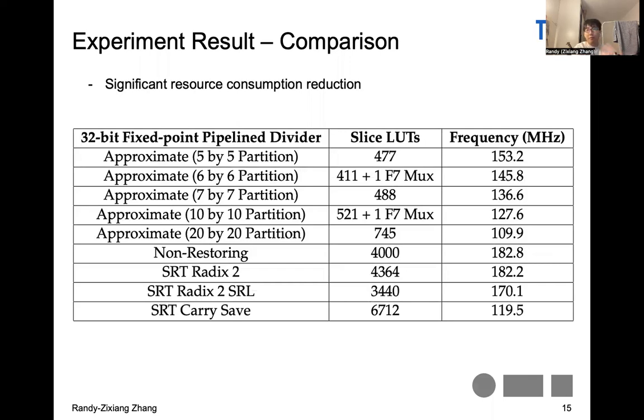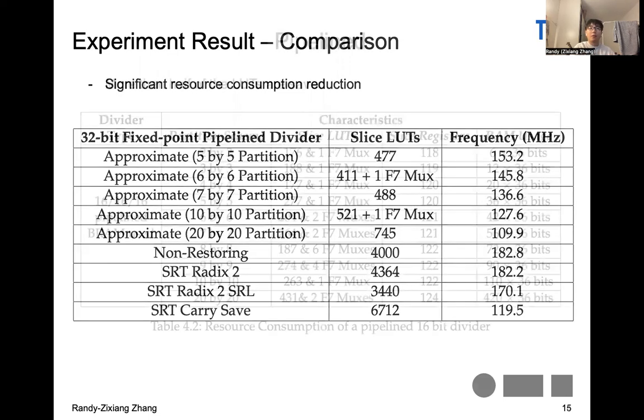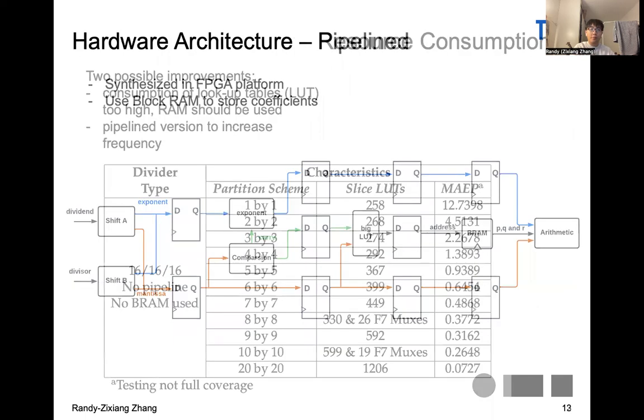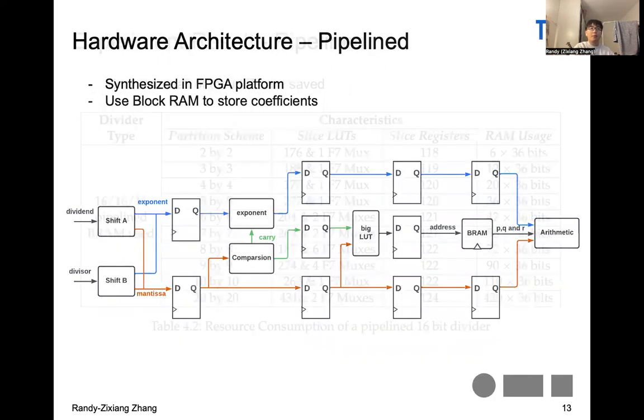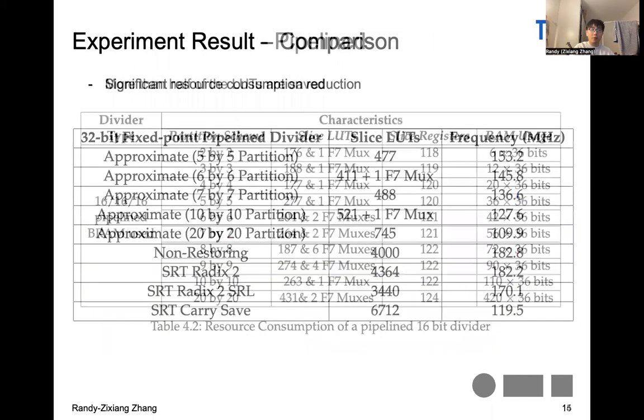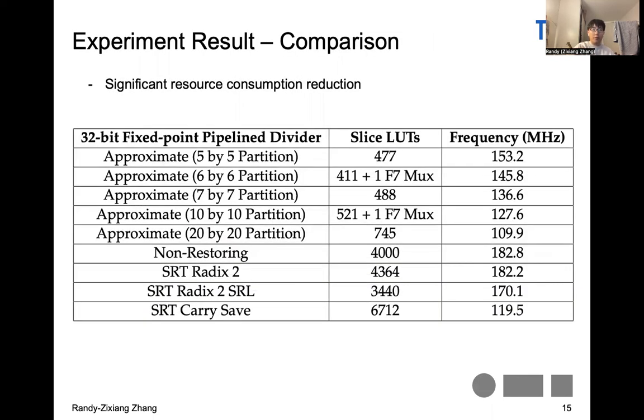This partition of 5 by 5 already gives us an error below 1%, and if we compare its resource consumption to the non-storing exact dividers, it achieves about 80% resource reduction.